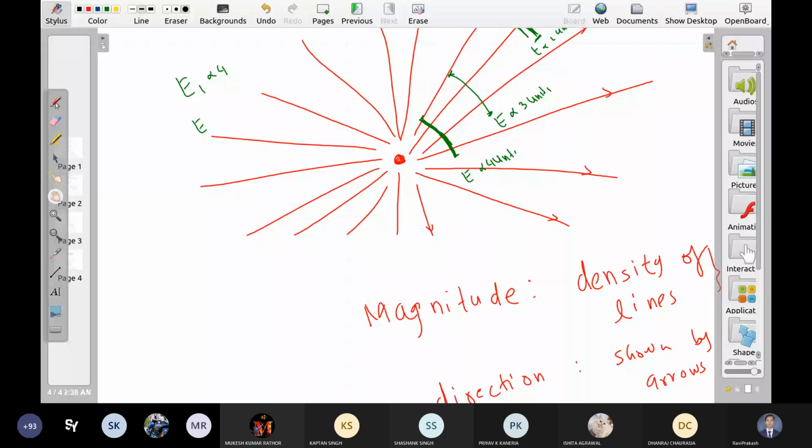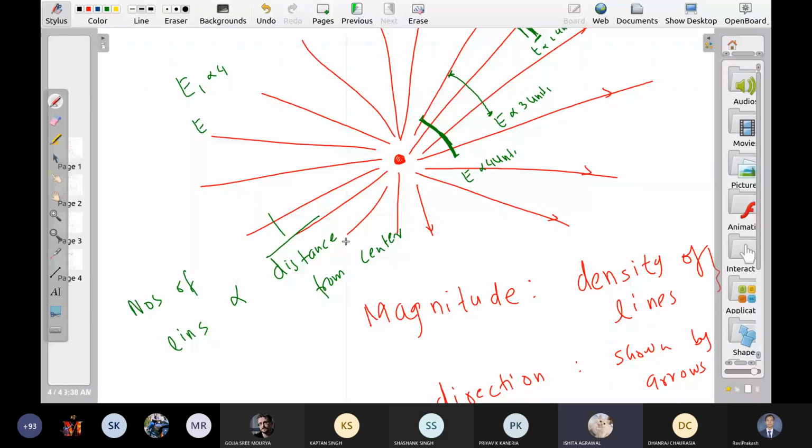Is there any connection between these two? Obviously, number of lines is inversely proportional to this, but is it equal to 1 upon r square, or what? 1 upon r square. This is a 2D diagram.